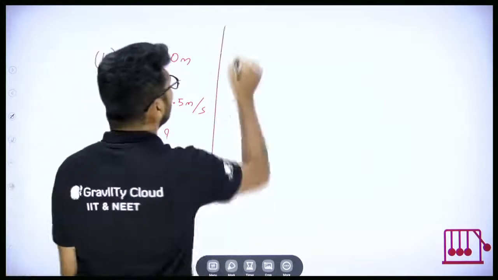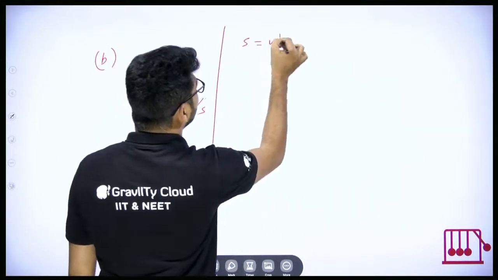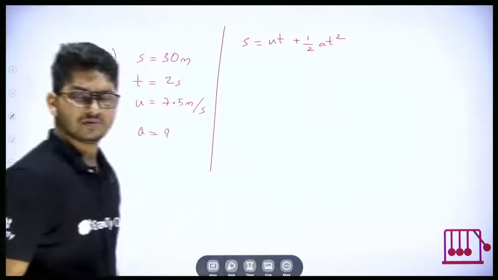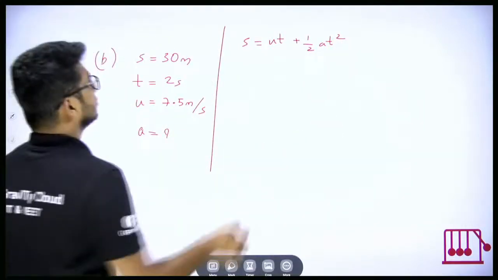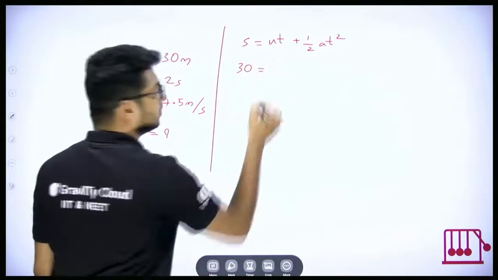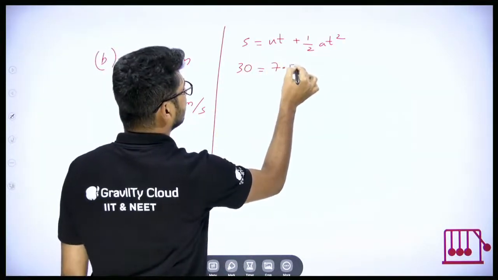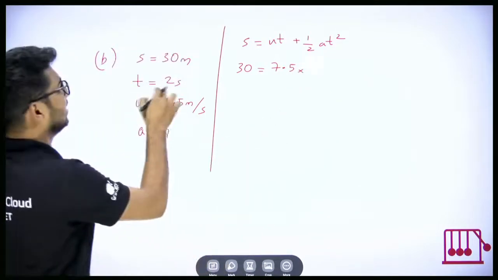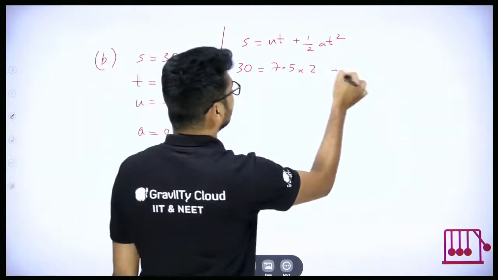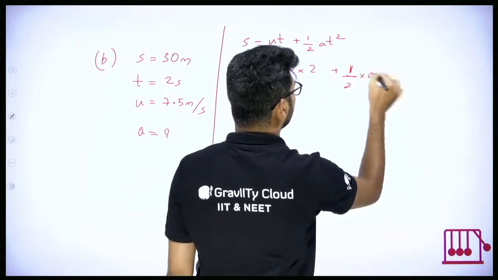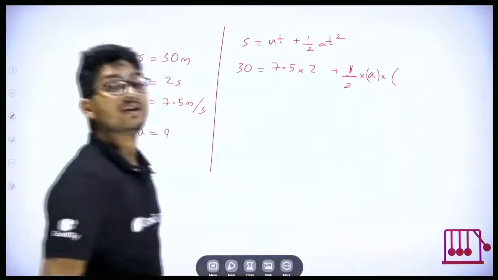Similar question, the same equation can be used. S is equal to ut plus half at square can be used. Yes, so s is 30, u is 7.5. Let us substitute. Into what is time? Time is 2, plus half into acceleration, which we have to find out, into t square.